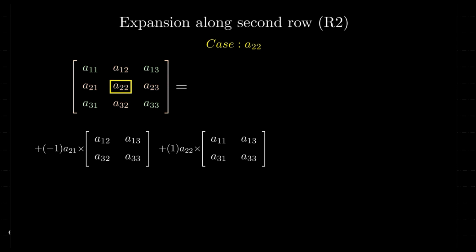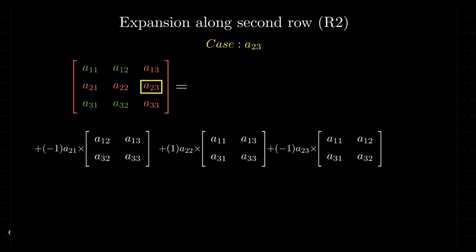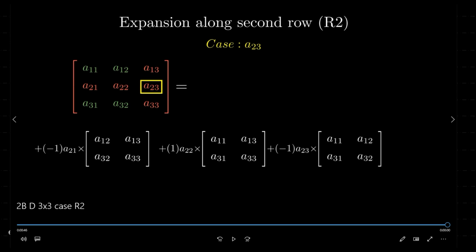Minus 1 to the power of even is 1, right? And next one is minus 1 to the power of odd. Okay, I hope that makes it very clear. So this is expansion along the second row, right?